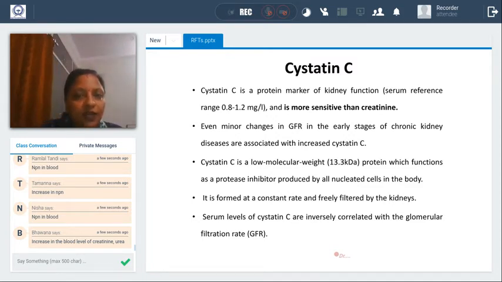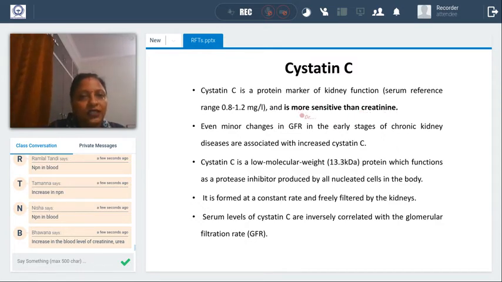Even minor changes in GFR in the early stage of chronic kidney disease are associated with increased cystatin C. Cystatin C is a low molecular weight, around 13.3 kilodalton protein, which functions as a protease inhibitor produced by all nucleated cells in the body. So it is formed at a constant rate and is freely filtered by the kidney. Serum level of cystatin C is inversely correlated with glomerular filtration rate, as you know, GFR. This is the important point. It is more sensitive than creatinine.